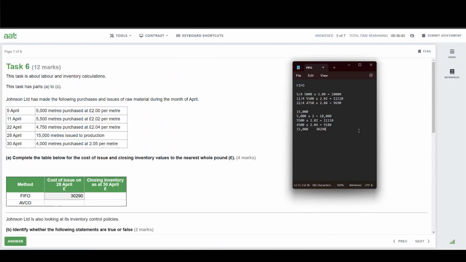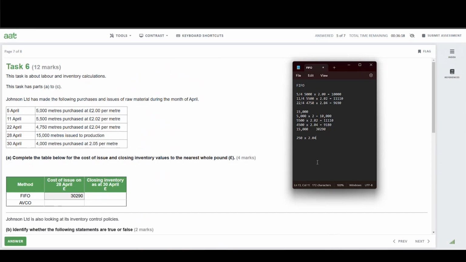So what's left? Okay, well, we know that all that's left is 250 units at £2.04. So 250 units at £2.04, because we've issued 5,000 at £2, 5,500 at £2.02, and 4,500 at £2.04.